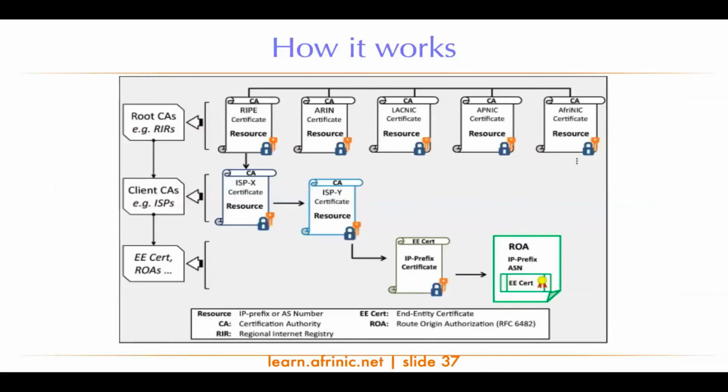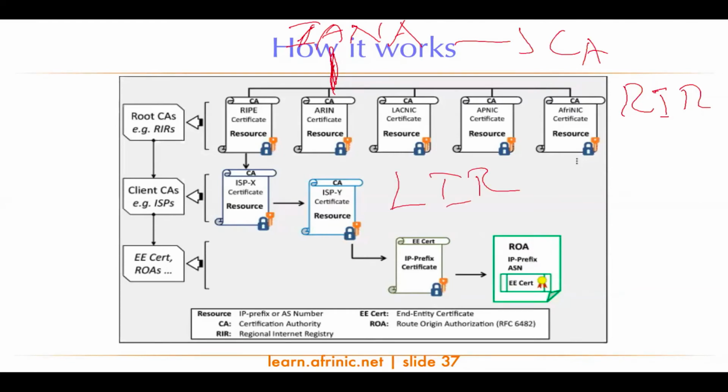So I just explained how the various certificates are generated. IANA, which is at the top, is not doing any CA. So the root CA is at the RIR levels. That is AFRINIC, APNIC, LACNIC, ARIN, and RIPE. So they manage the root CA. At the ISP levels, or the LIR, there is a client CA, and they will use the CA from the root to sign their CAs.